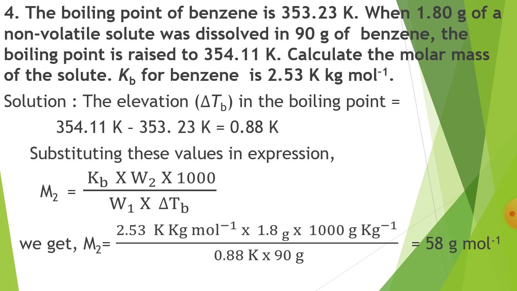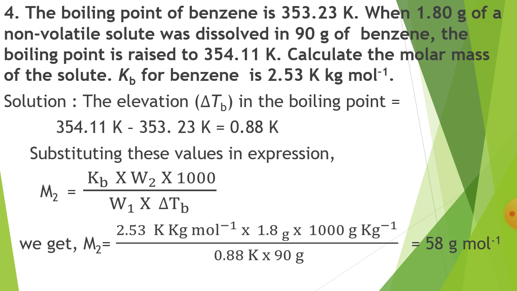The difference either in degree centigrade or in Kelvin should be the same. That's why you can write either 0.88 K or 0.88 degree centigrade. Putting these values in the formula, we can calculate M2 equal to Kb into W2 into 1000 divided by W1 into delta Tb.